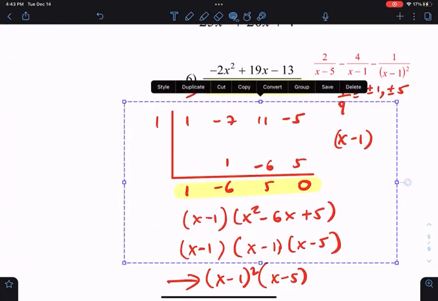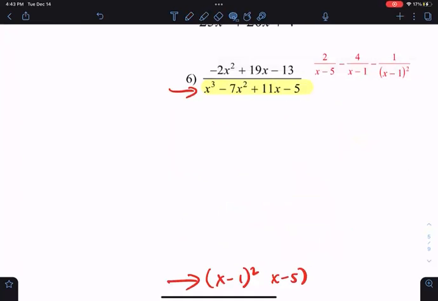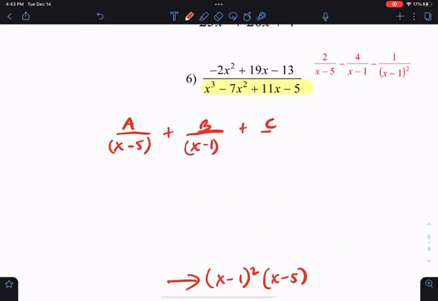So now let's continue with the partial fraction decomposition, right? So now we have A over x minus 5, and then we have B over x minus 1 plus C over x minus 1 to the second power, and this is going to be what? This in the numerator, right?